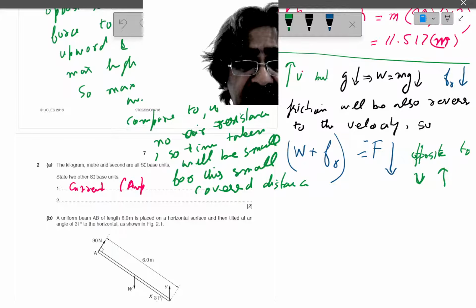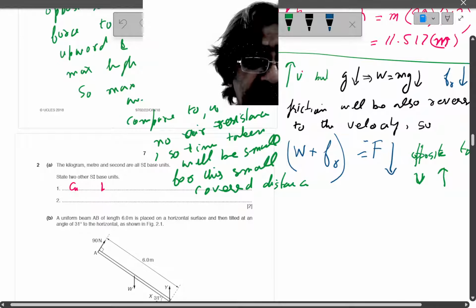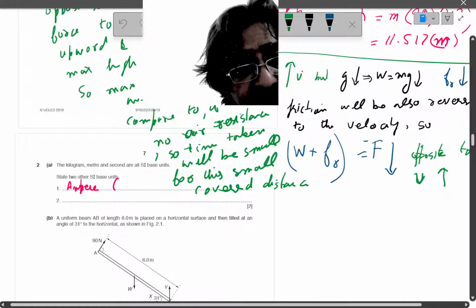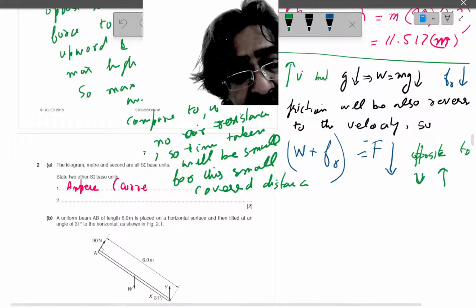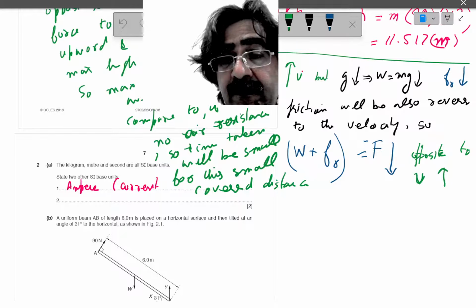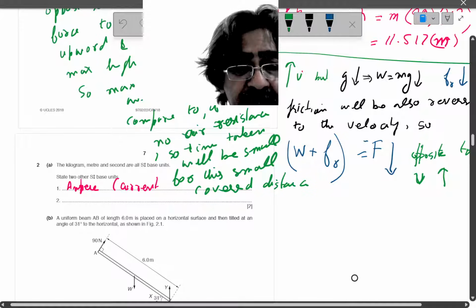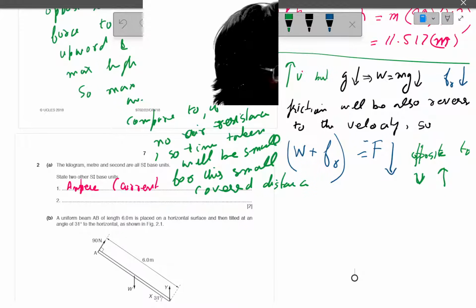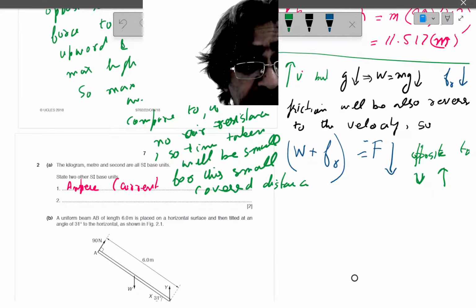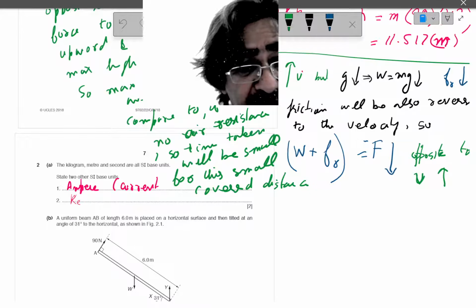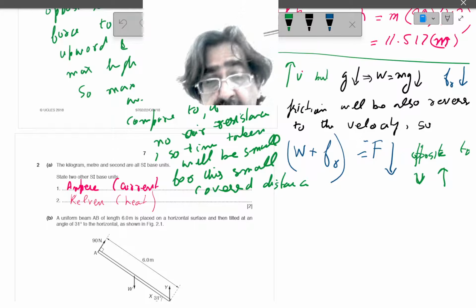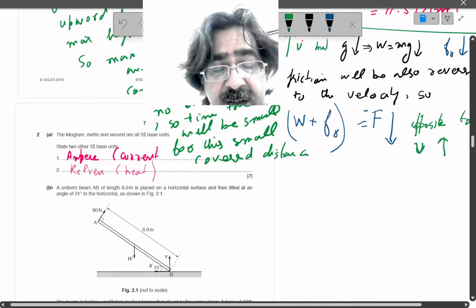I must write the unit because they are asking about it. And the other one is kelvin, which is for heat.